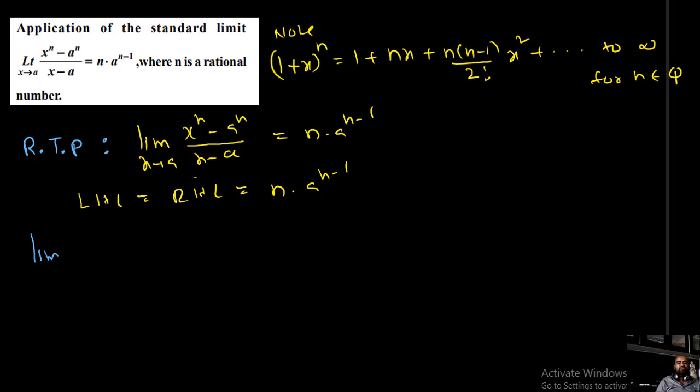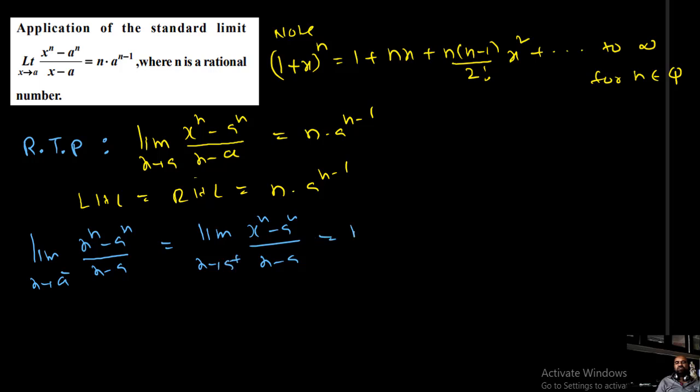The limiting value of (x power n minus a power n) by (x minus a), where x tends to a minus, should be equal to the limiting value of the same expression where x tends to a plus, should be equal to n into a power n minus 1.